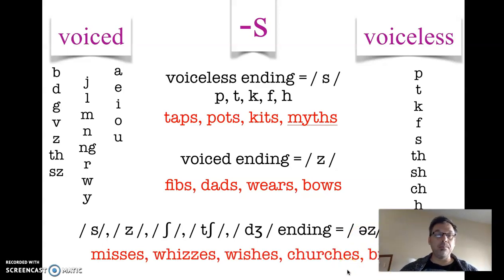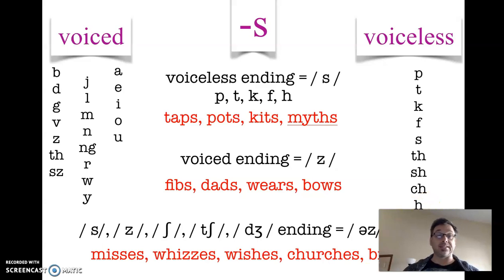Misses, misses, whizzes, whizzes, wishes, wishes, right? And notice that for these two sounds, some people tend to say us, some people tend to say is. I think for myself, when I think back, how do I speak? I tend to do this one more.